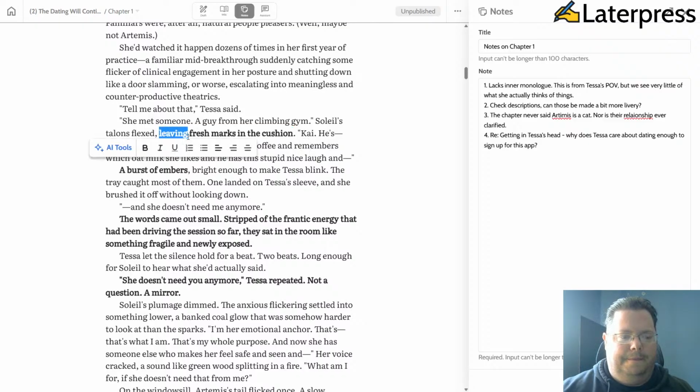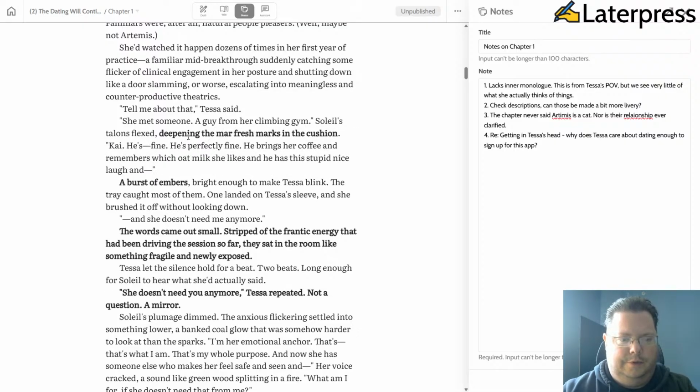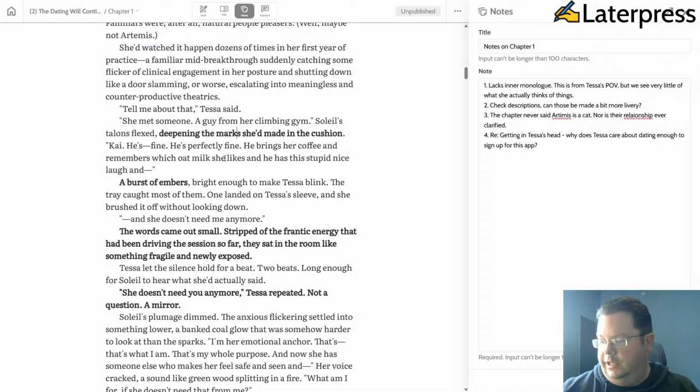So let's say, talons flexed, deepening the marks she'd made in the cushion.